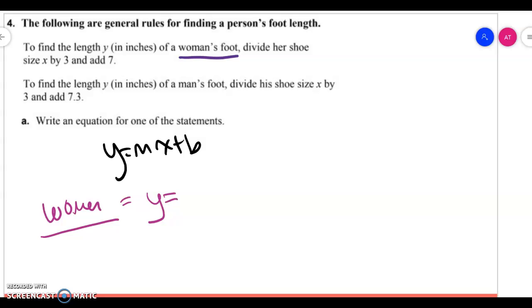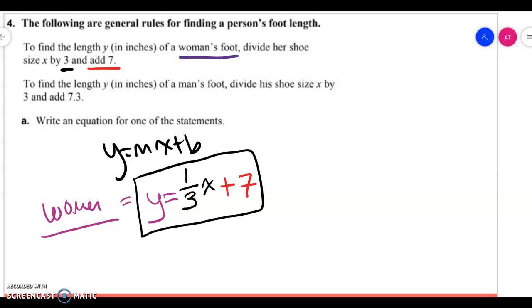So the add 7 is going to be my b, and I'm going to divide her shoe size by 3, so all I need to do is put an x here. This statement says I'm going to take her shoe size, which is x, and divide it by 3 and add 7.